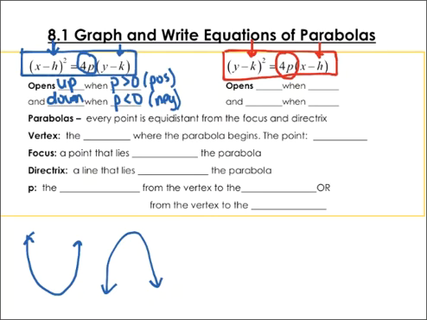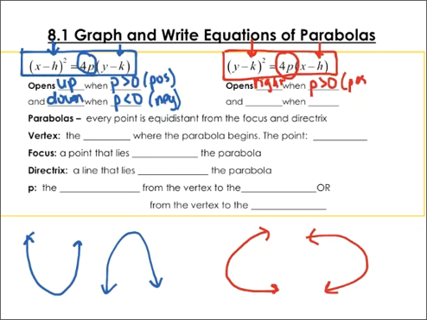So this might be something kind of new to us. We haven't really done this before, but these parabolas are going to open either to the right or to the left. So we're going to say it opens to the right when p is positive. And we're going to say that it opens to the left when p is negative.